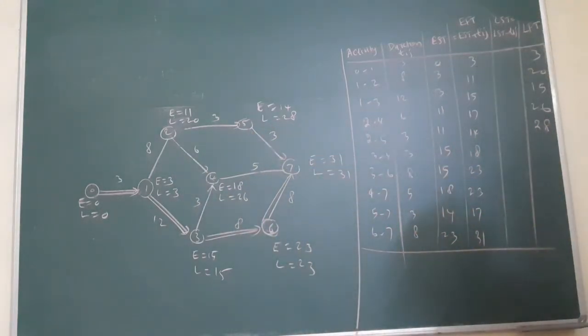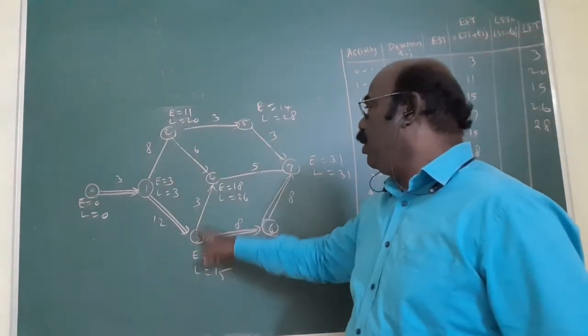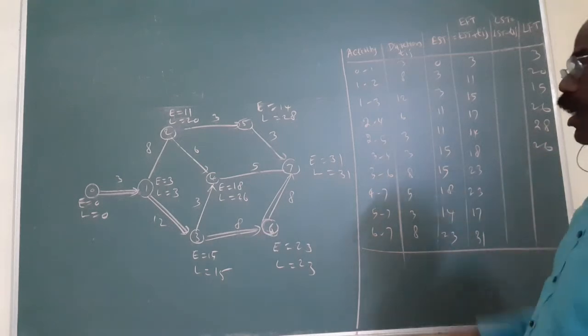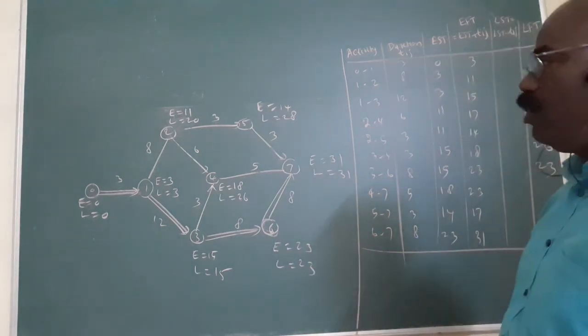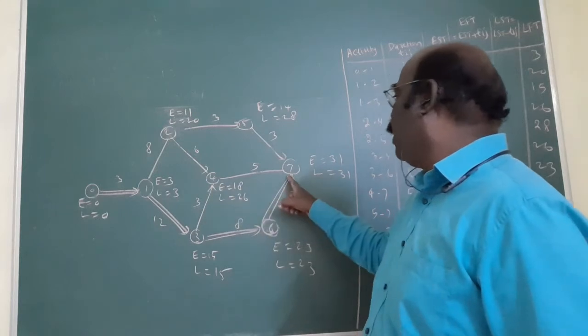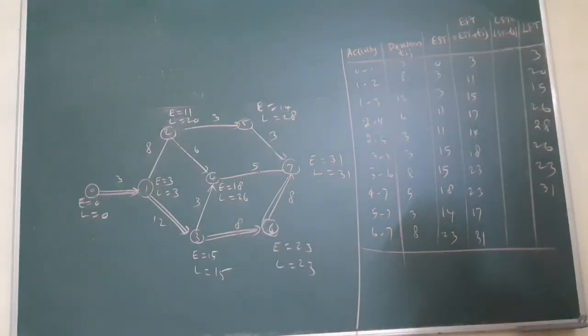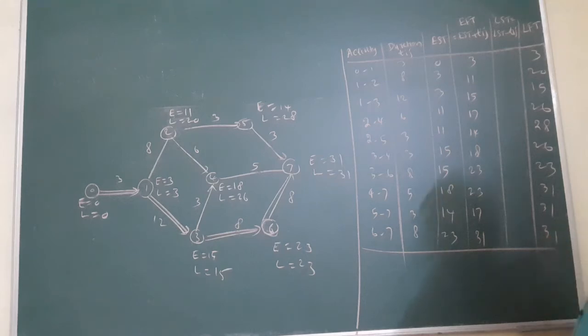In this way, you will find one by one. 2 to 5 over. 3 to 4, 26. 3 to 6, 23. 4 to 7, 31. 5 to 7, 31. Am I right? 6 to 7, yes, 31. In this way you write.